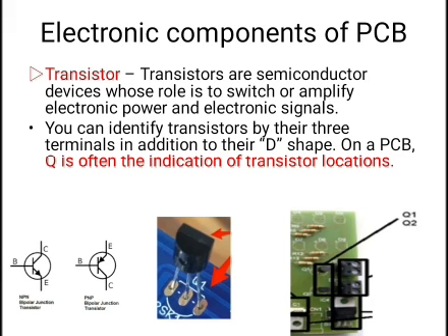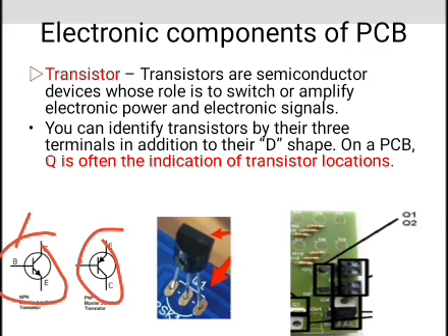They can be further divided into NPN and PNP versions. Bipolar transistors have three pins: the base, collector and emitter.